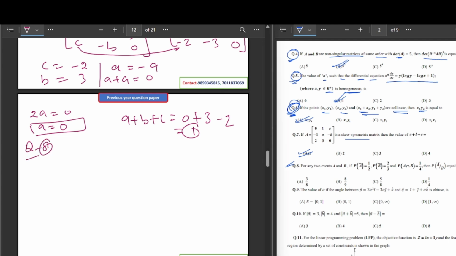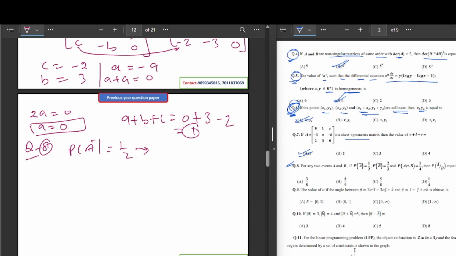Question 8. For any two events A and B, the probability of event not A is equal to 1 by 2, and the probability of event not B is equal to 2 by 3. So this is given.